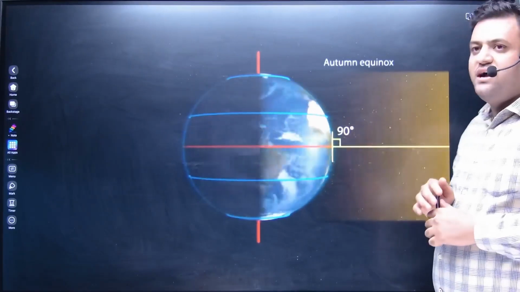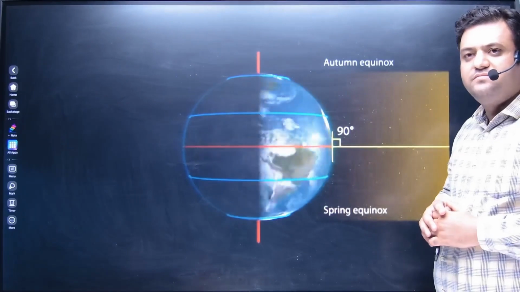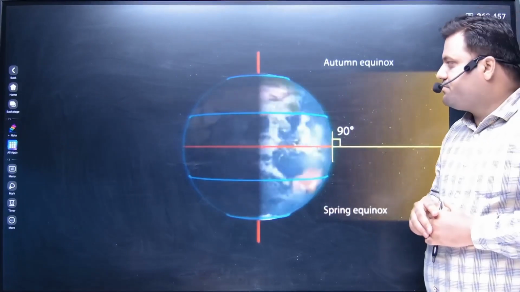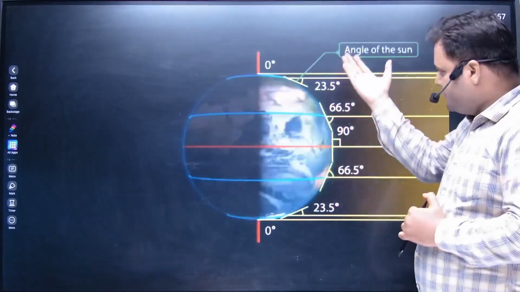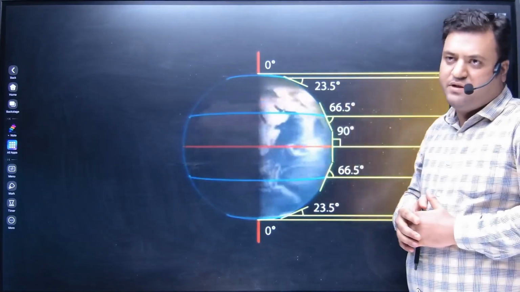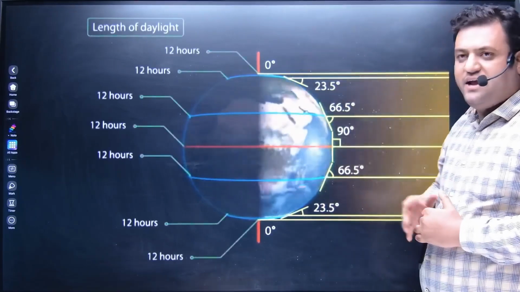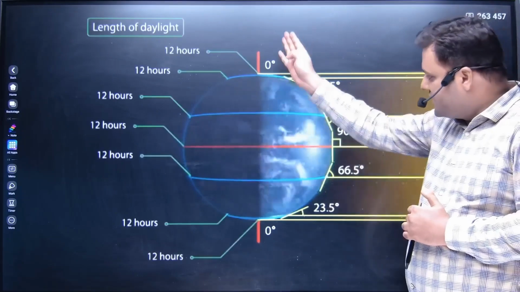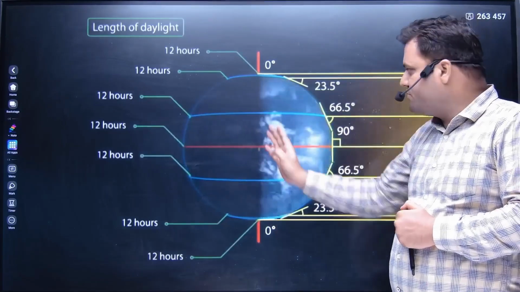So this is again the equinox. This is the angle of insolation during the September equinox. This is the duration of day and night, equal duration of day and night, because the ratio in which the circle of illumination is cutting the latitudes is almost the same.